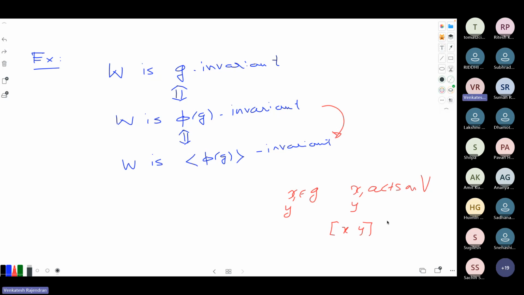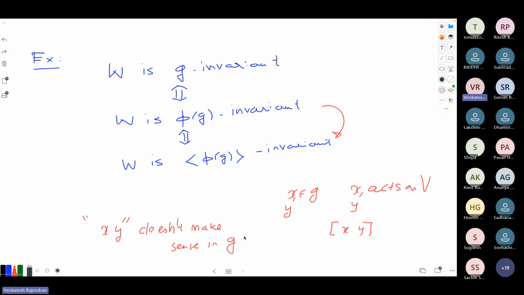But there is no way to compose those. As maps you can compose, but there is no meaning of the product XY in g. So the product XY doesn't make sense inside your g. So in some sense, if the product makes sense, then your life will be easier.